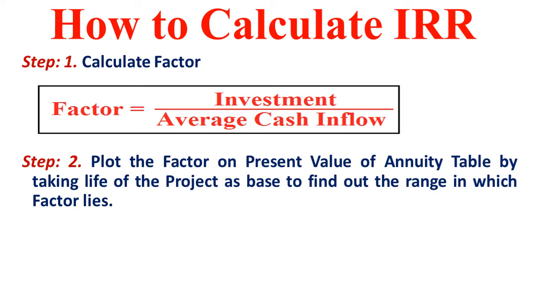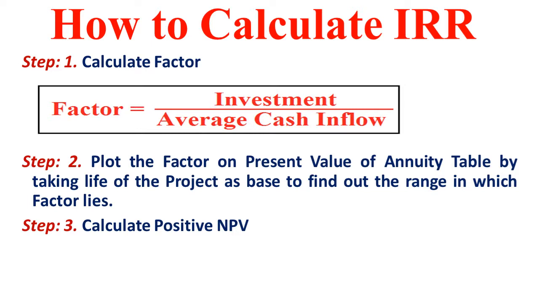So first calculate the factor, then once you calculate the factor, locate the factor on the present value of annuity table by taking the life of the project as base, at which percentages it will be taking place. Once you calculate that, you will get a vague range. Then step 3, calculate positive NPV.